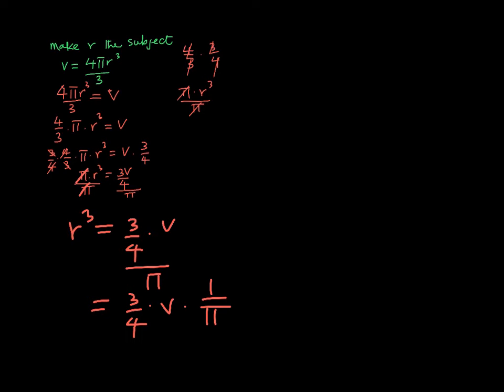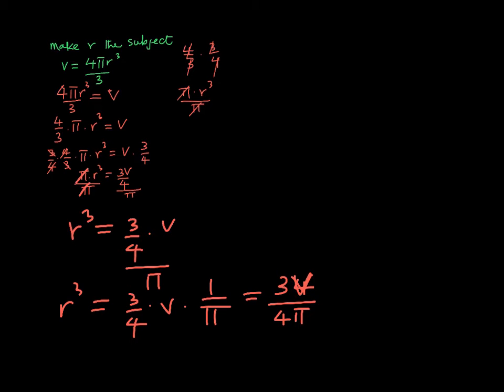So this is r cubed is equal to 3 over 4 times v times pi. If you combine this, it is the same as 3v divided by 4 pi. Okay, 3v divided by 4 pi.